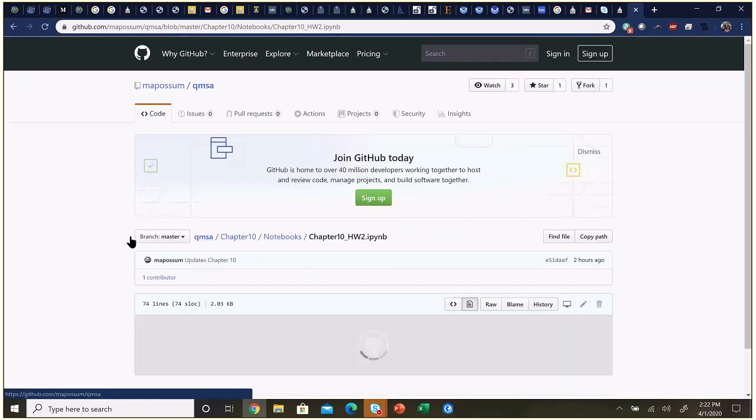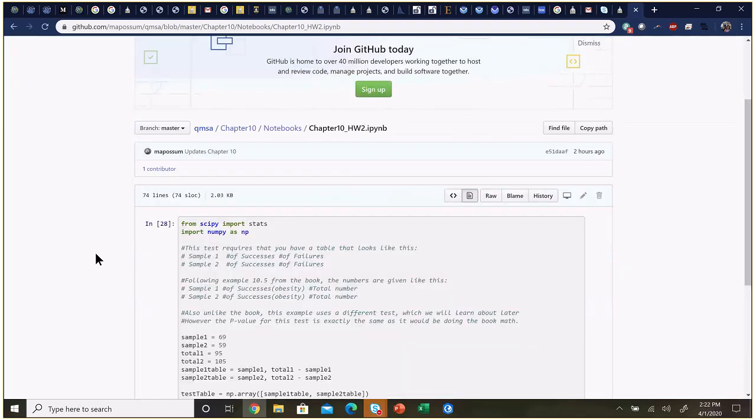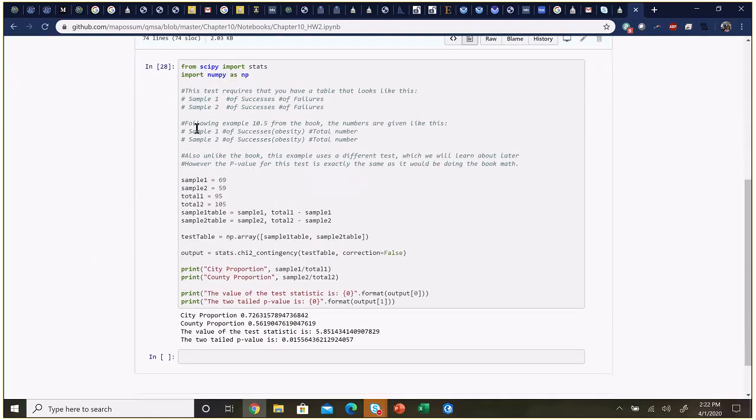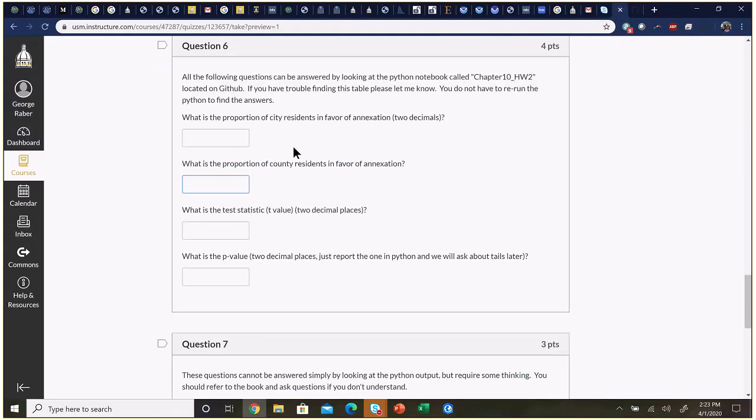chapter 2 here. And you can see here there wasn't a table. I didn't read any of this data in. I just punched it in to here. So 69 out of 95 and 59 out of 105. That's what we said here.